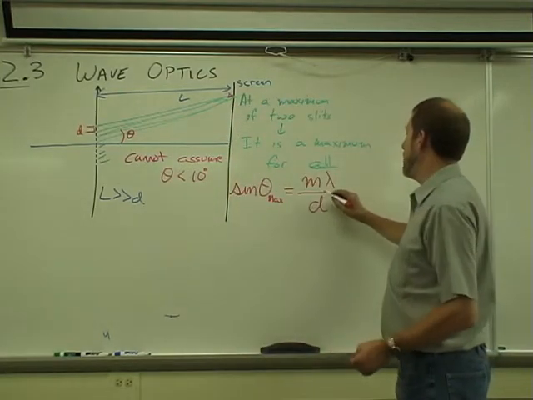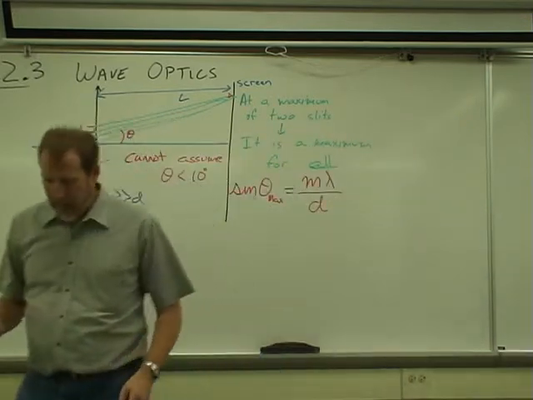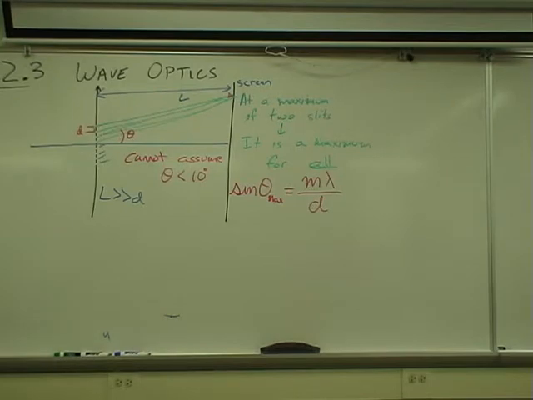So the sine of that would be m lambda, however many steps of those are, divided by d. And we need to keep it in that form.